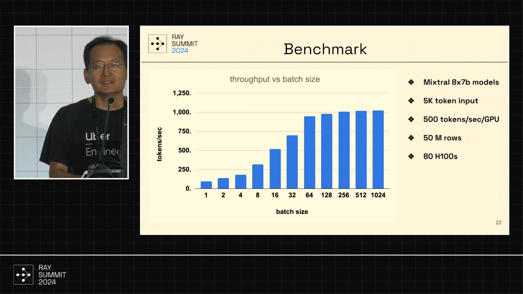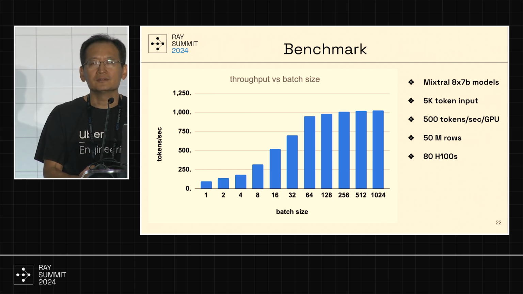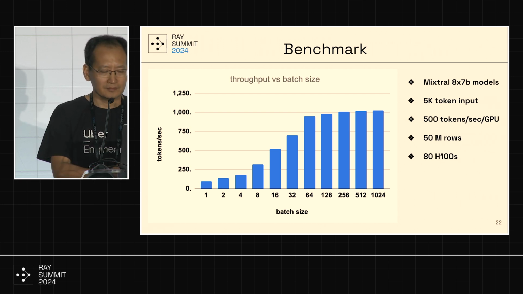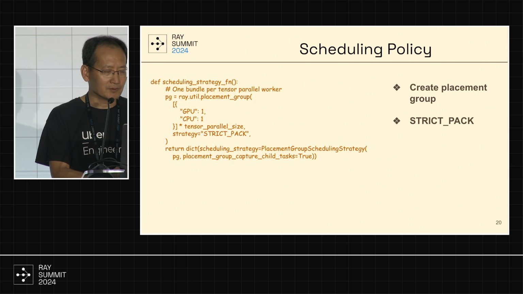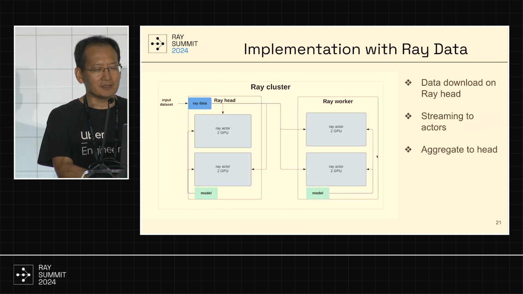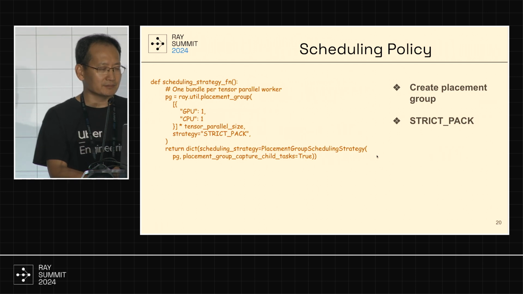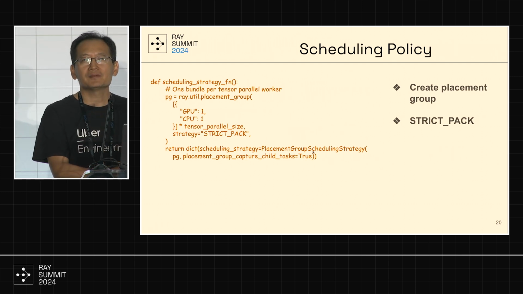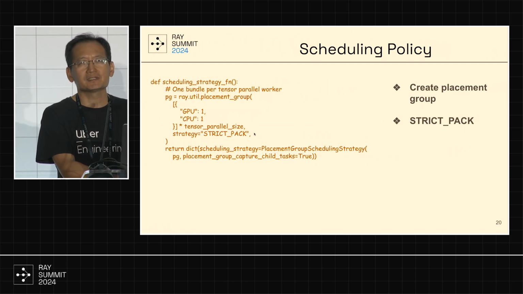Okay, and maybe this is more of a vLLM question. You said you use a strict pack strategy. I'm just curious what the other options are and the trade-offs. I think the vLLM developers are here and can answer maybe. Basically, after vLLM 0.26, they asked to restrict it to strict pack to make it work.